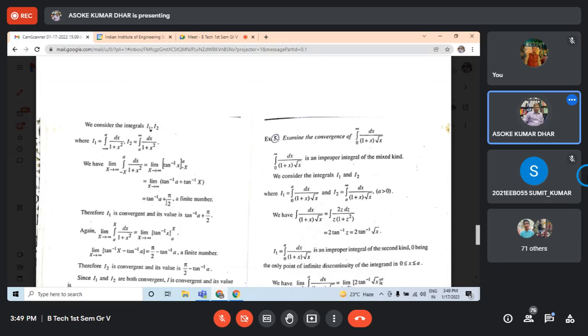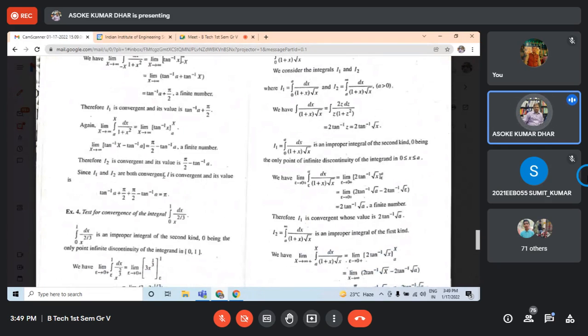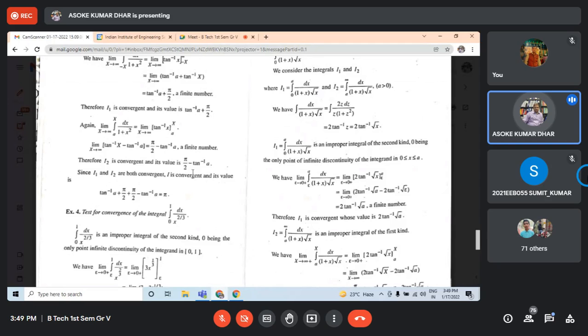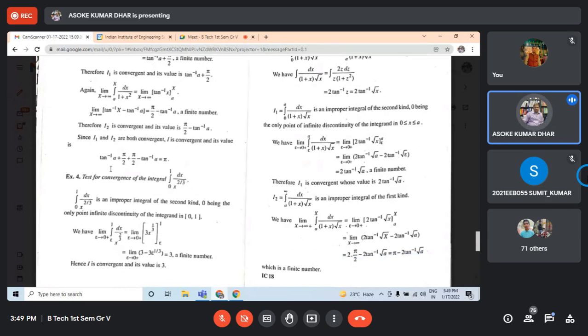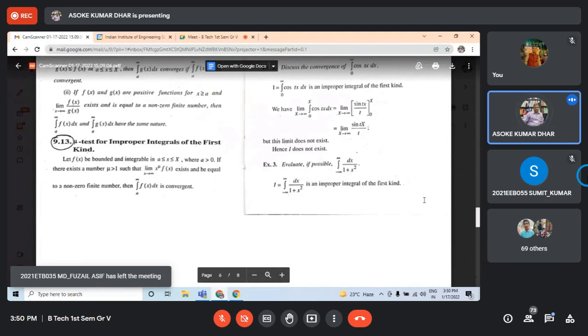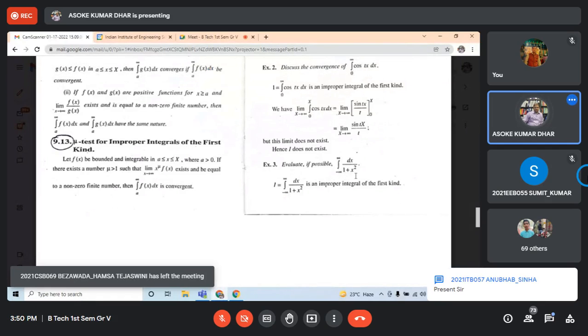So it is pi by 2, a finite number. For the second part, it will again be pi by 2. So adding, you will get I1 plus I2 is equal to pi. So pi is the value. This integral converges and the value is pi.